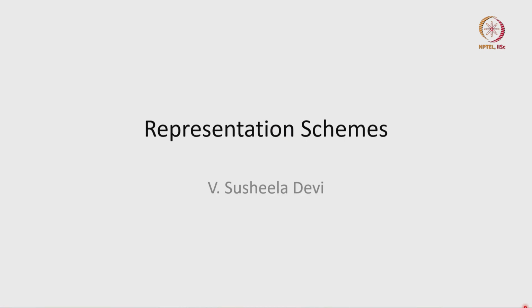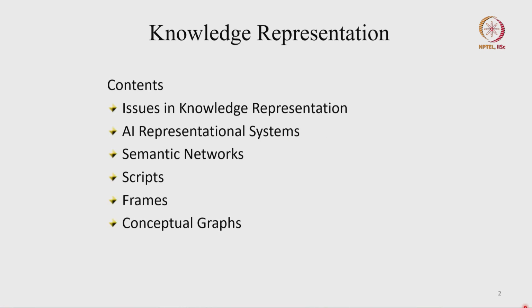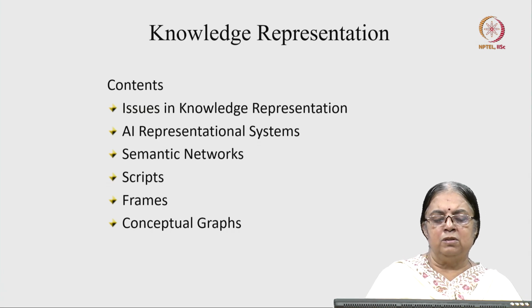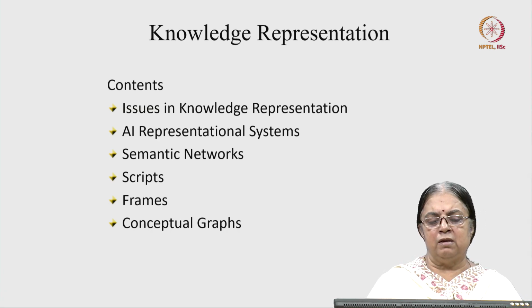Most of these representation schemes try to represent the semantics of the sentences that we are talking about. So, the contents will be as follows. We will first talk about what are the issues in knowledge representation.